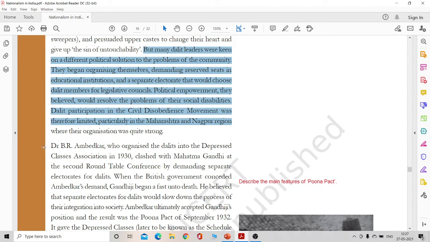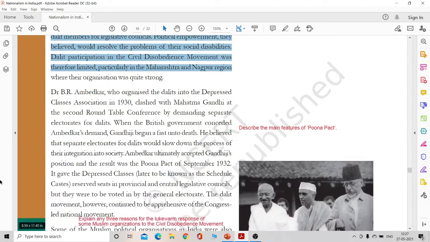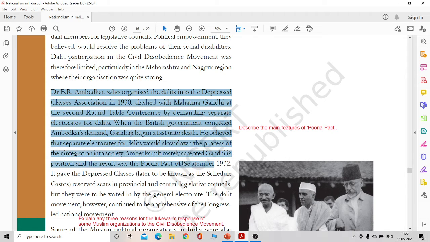So here you can get a question: describe the main features of the Poona Pact. So Dr. B.R. Ambedkar organized the Dalits separately into a Depressed Classes Association. However, Gandhiji felt that if electorates were separate for Dalits and other general castes, then it would further alienate the people of India, and that is why Gandhiji began a fast unto death.